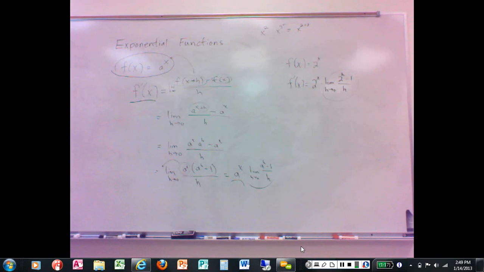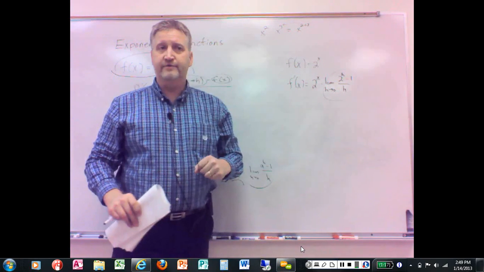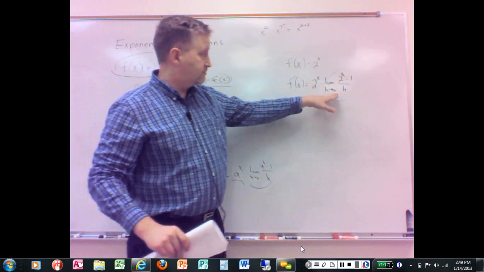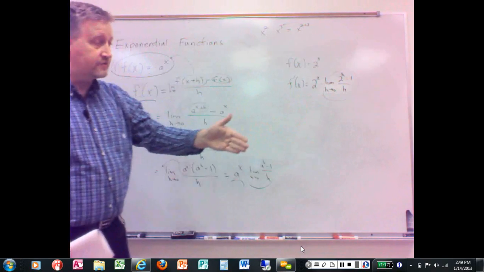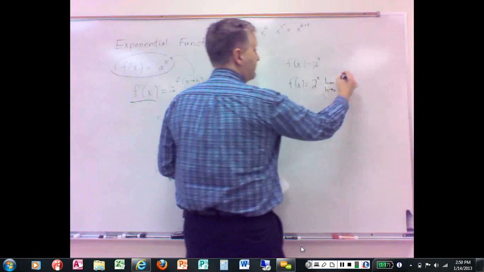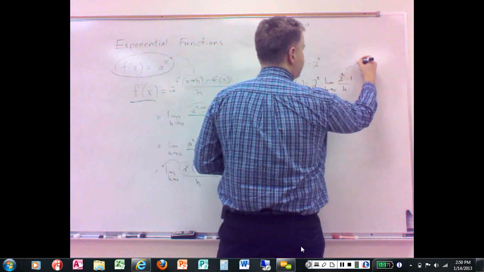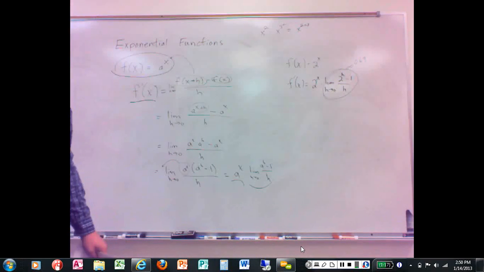If you look at a table of values for this limit, if you put it in your calculator and let h approach 0, 0.1, 0.01, 0.001, all that, you would see that this right here is approximately 0.69. This part right here. It does approach a number, approximately 0.69.